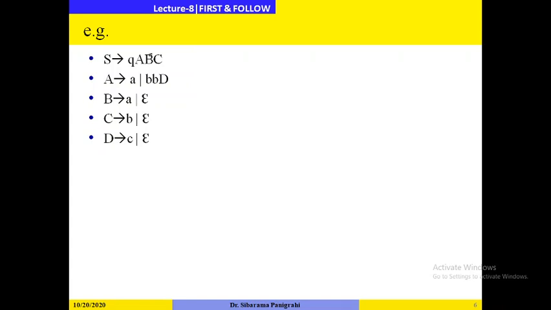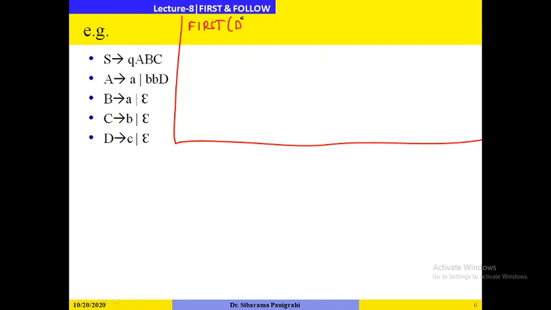Okay. So now all of you please compute the first and follow of this grammar. So first I will compute the first. So first I will compute first of D. All of you please write the question and compute first of D, first of C, first of B. It's pretty easy, right?